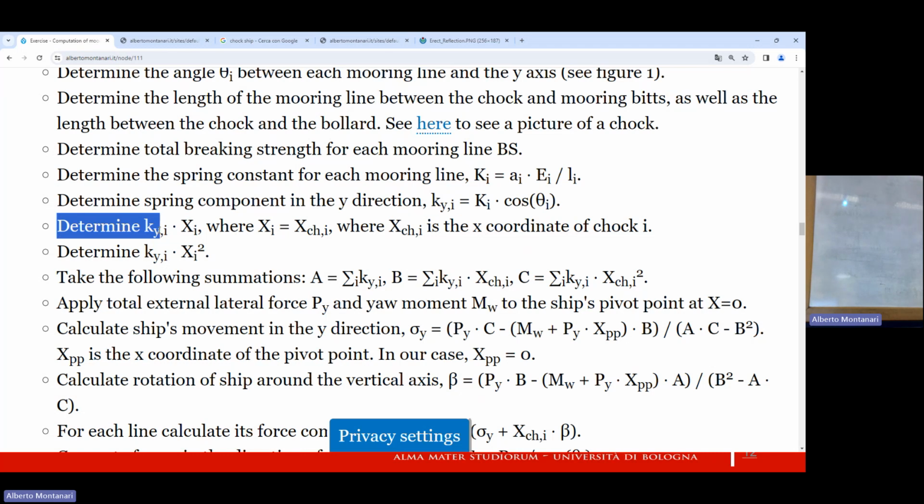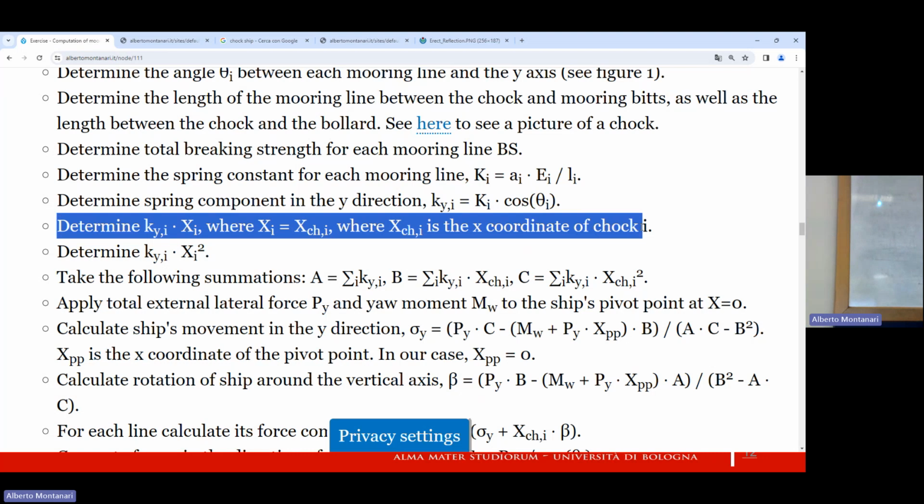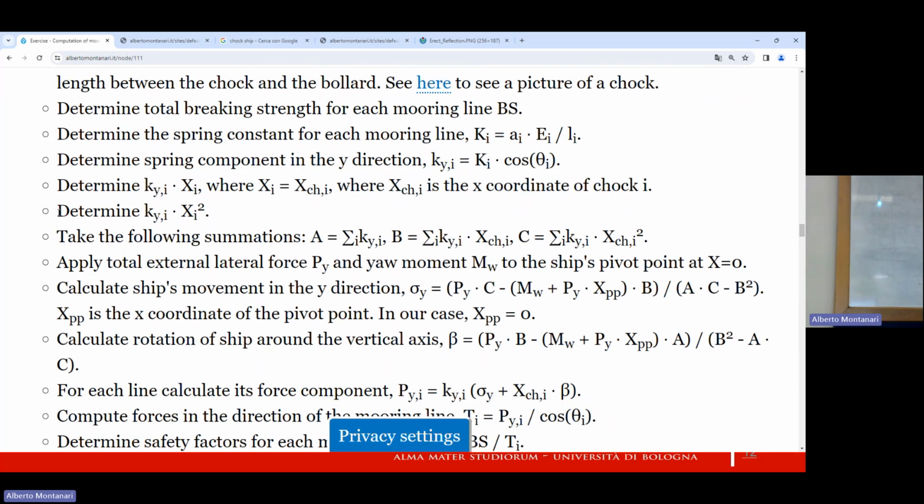Determine the product of the spring component in the y direction times capital Xi, where capital Xi is basically what you see here, the y coordinate of the chock I. And then we have to determine this product.